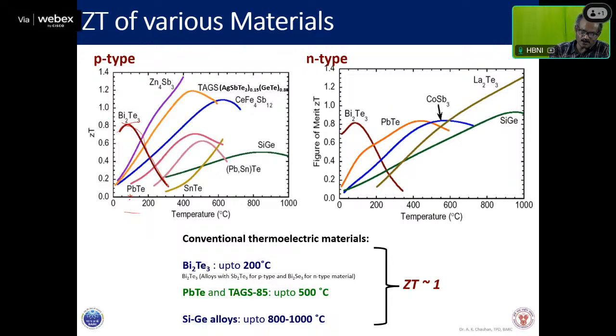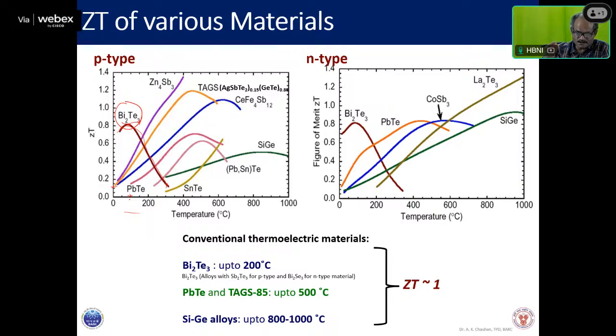And if I have a temperature difference of nearly 300, then the ZT value will be around 0.1. So by this figure, you can understand that if I want to use this material in a thermoelectric device, the temperature difference will be nearly 100 degrees centigrade between the two ends.